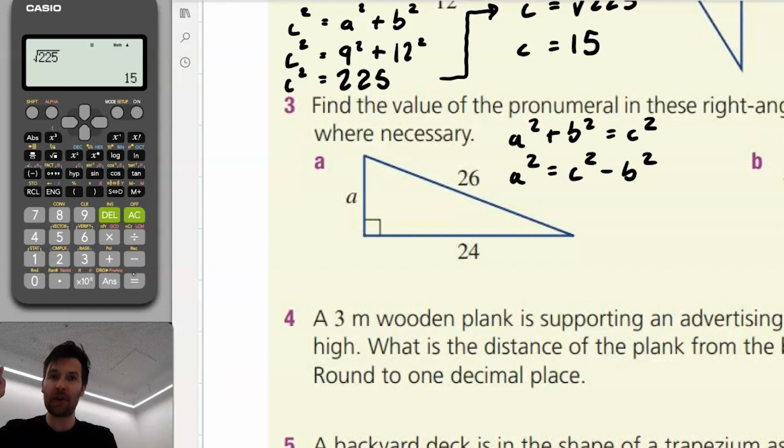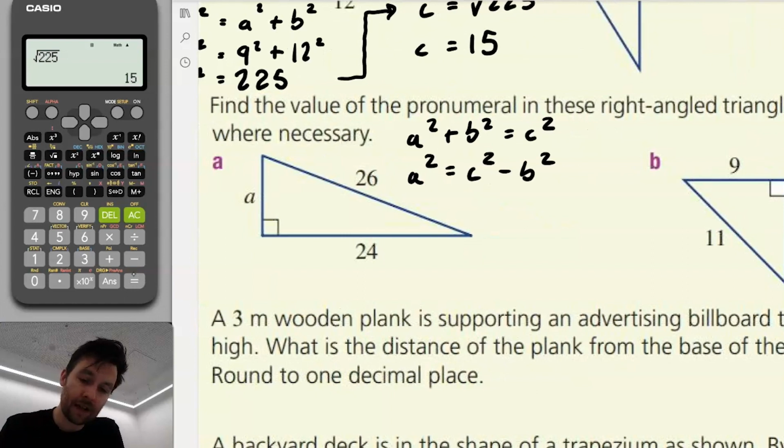I've just written it in a slightly different order. In this case, the order that we subtract is important. We want to do hypotenuse take whatever the shorter side is. Okay. If I just move this to the side slightly, so a squared is equal to c squared take b squared. So longest side is 26. One of the other shorter sides, well, the other shorter side is 24 squared.